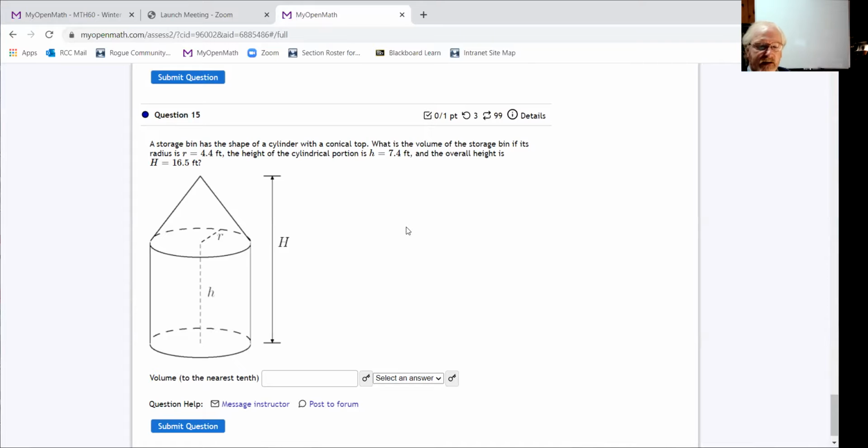Here H is 7.4 feet, and the total height is 16.5. So I have to use the big one minus the little one to figure out how tall the cone is, so I can use the cone formula. Then you figure out the volume of the cylinder and the volume of the cone, and you add them together.